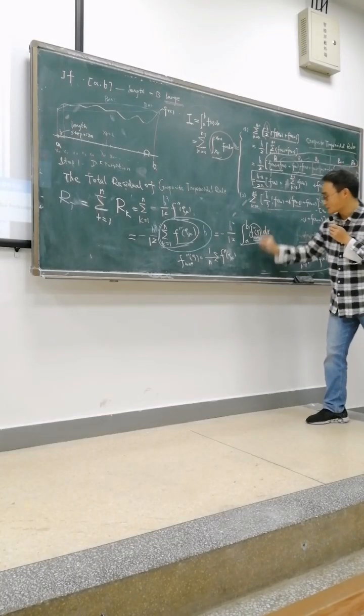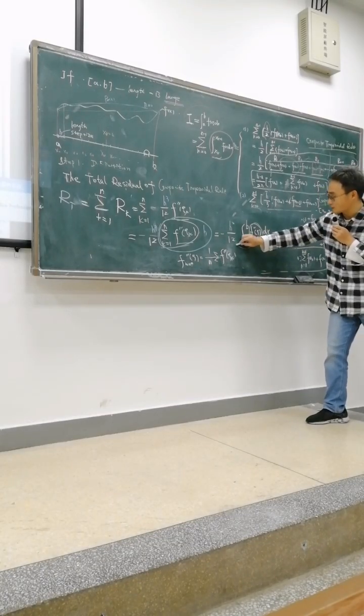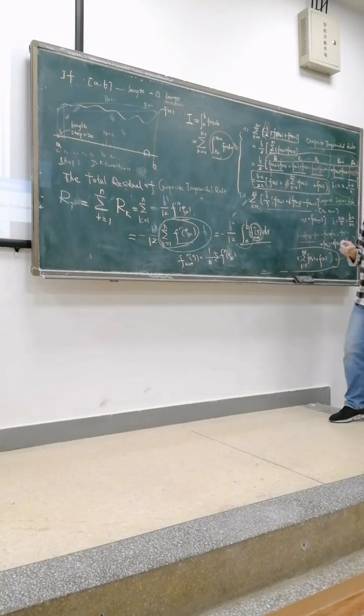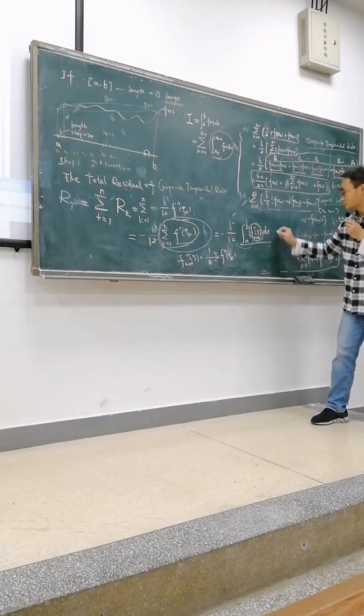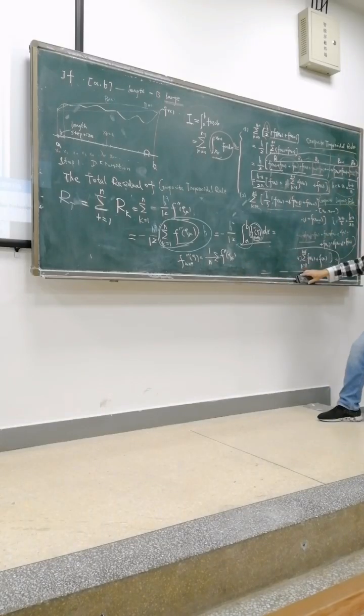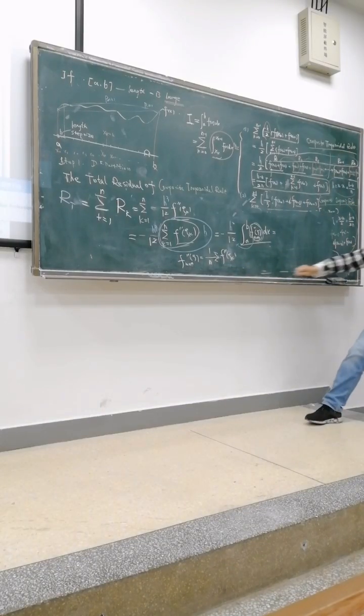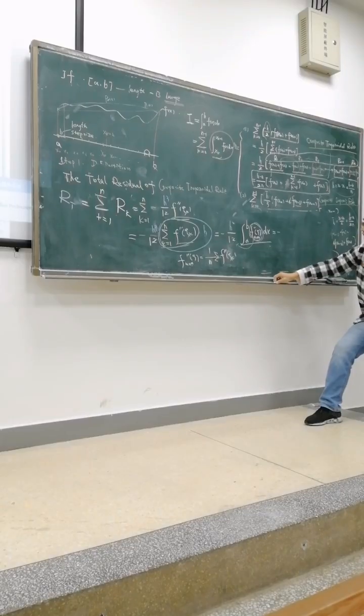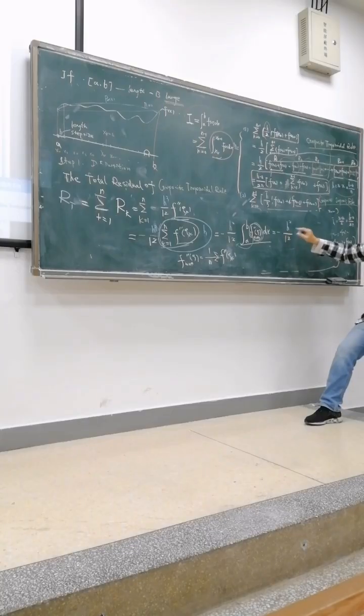So if this is constant, we can take this term outside. Minus h squared over 12, and the constant outside.